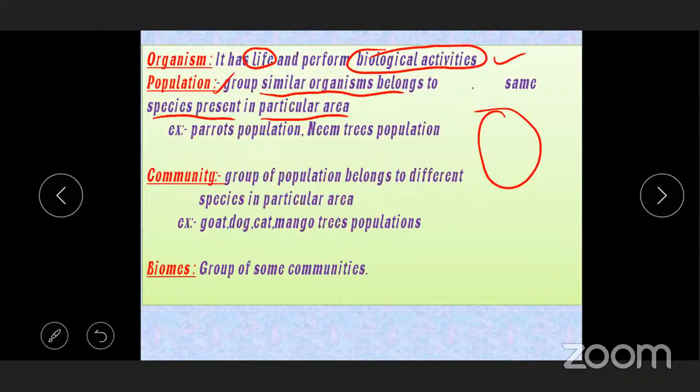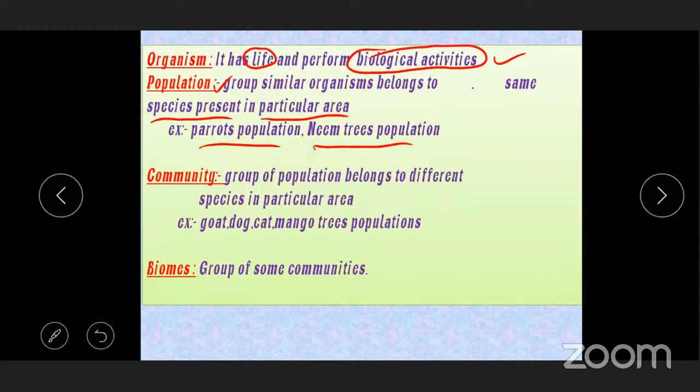That is called as what? Population. Important or not? Most important. A group of similar organisms belonging to the same species present in a particular area is known as population. For example, parrot population, neem trees population, because all belong to the same species.